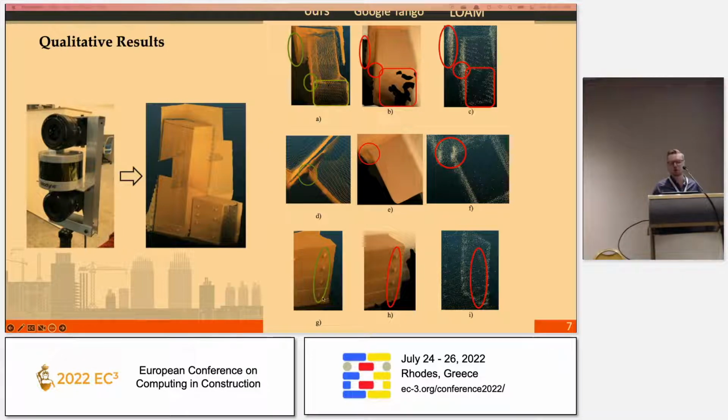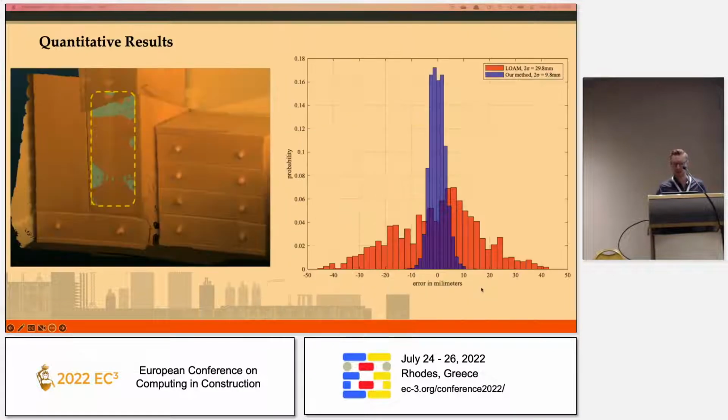And when we look at the handles of the drawer unit, they are also slightly better pronounced in my reconstruction. They are basically crispier. Here they are less crispy, and in LOAM, we cannot even see them because of the noise level. And now when we jump into quantitative results, again, I did a very simple analysis.